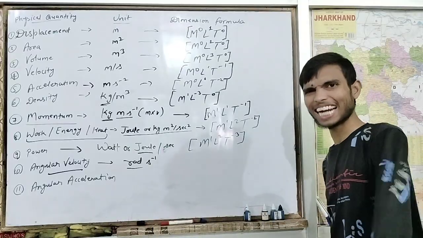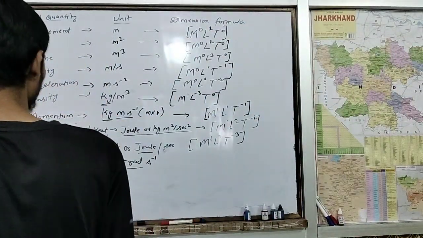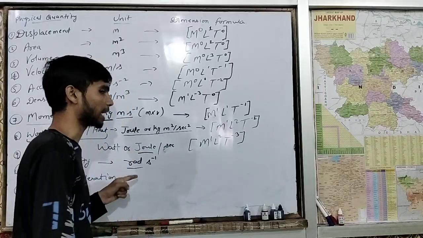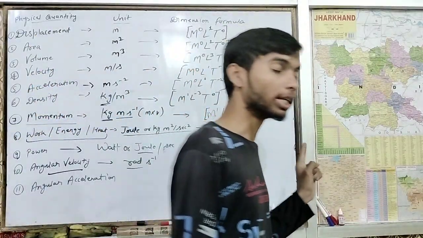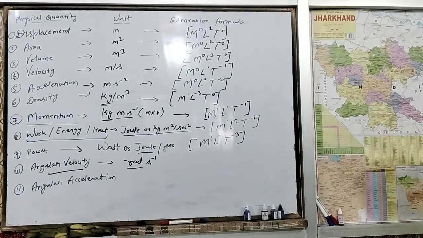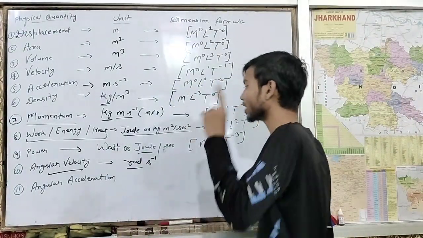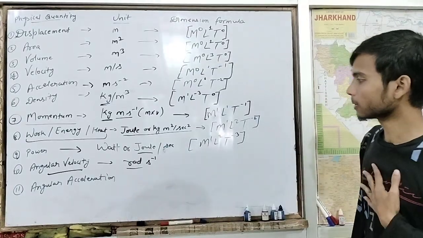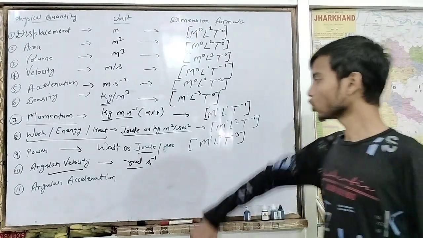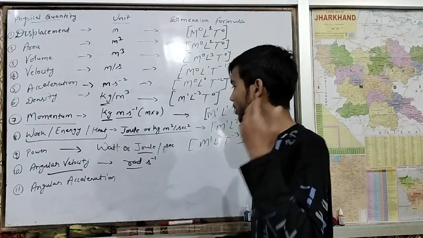Here, radian and steradian will not provide you dimension. Clear? So here you will ignore this radian. Radian and steradian will be ignored because they do not have a dimension. This is the rule.